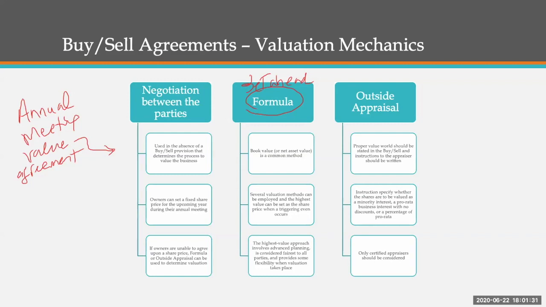Because the outside appraiser is going to need to know that there are going to be valuation discounts involved in the purchase price. That's a big part of it. There's pro rata without discounts, straight pro rata, or a percentage of pro rata. That needs to be determined ahead of time so the appraiser knows. And of course, trying to find a certified appraiser, somebody who's objective, is critical as well, because you don't want that person being influenced by someone else.